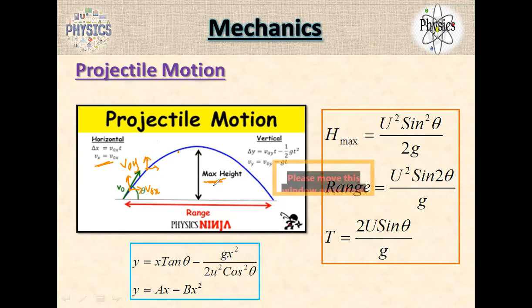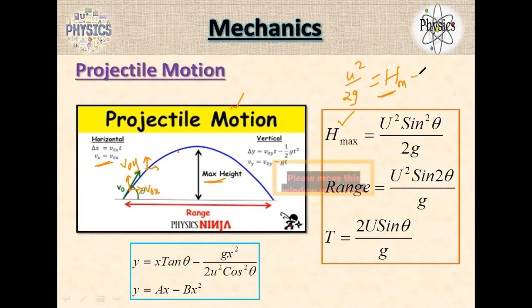Now we need to get derivations for two things. What is the maximum height equation for projectile motion? Normally we already know u square by 2g.